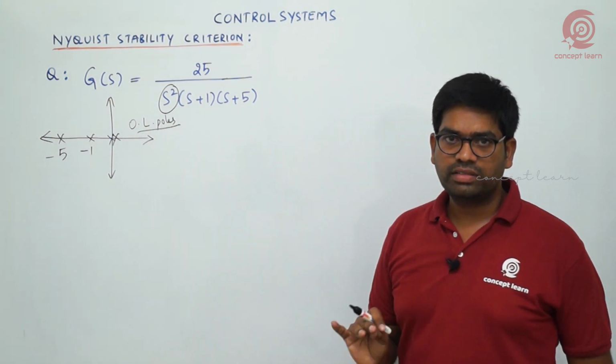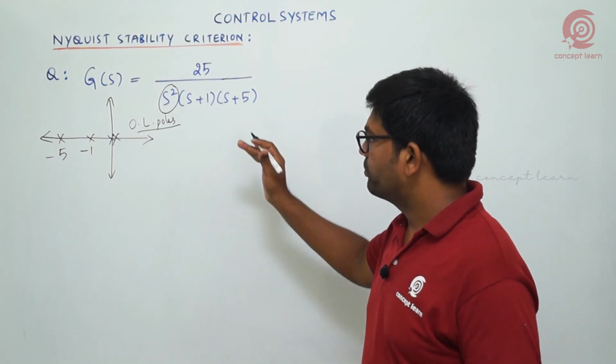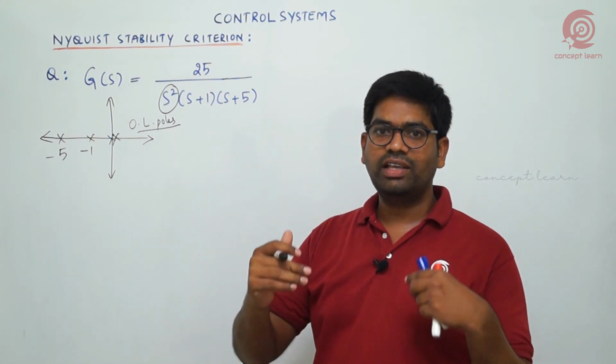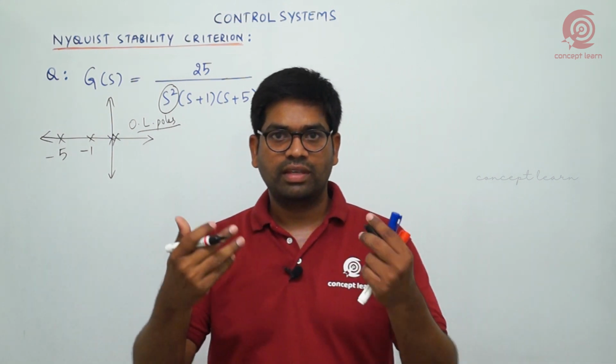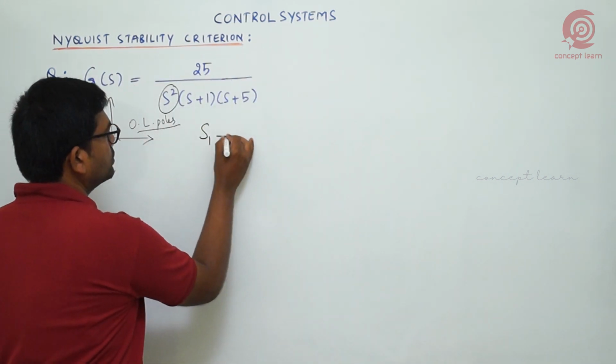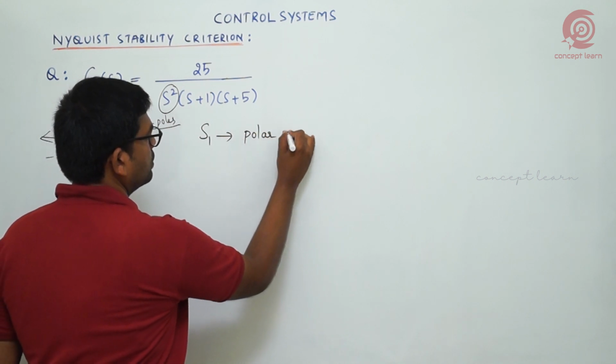Now our interest is to estimate closed loop system stability, so for that we follow this stability criteria. In sequence we draw the Nyquist path. First one, S1, is to draw the polar plot.